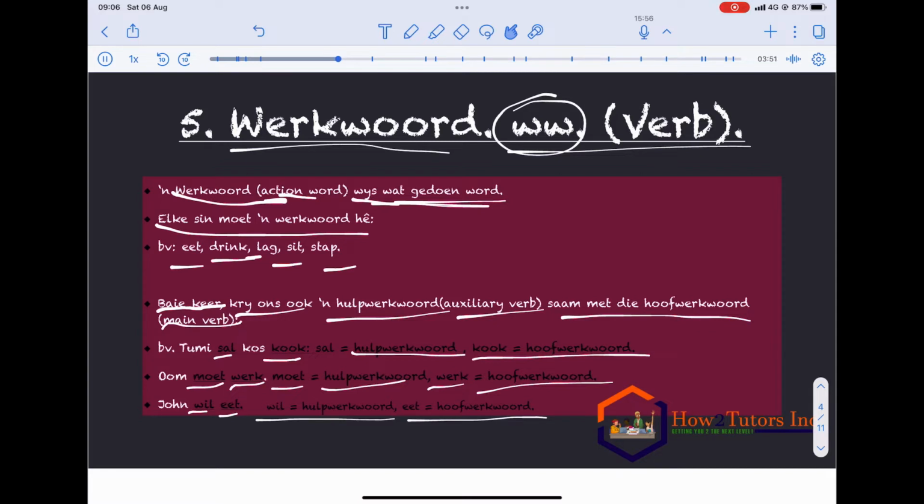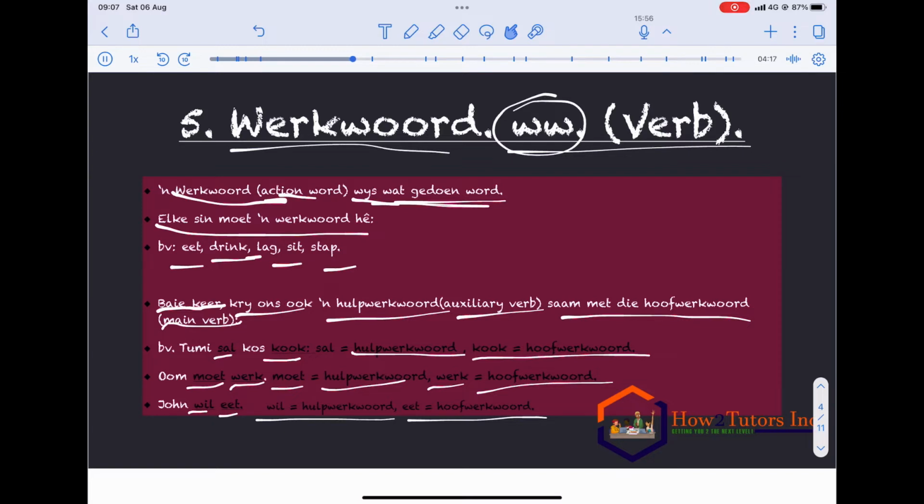Die volgende voorbeeld, the next example. Oom moet is ons eerste werkwoord, werk is ons tweede. So moet is your helpwerkwoord en dan werk is your second one, dis your hoofwerkwoord, your main verb. Die laaste voorbeeld, the last example. John wil eat. So wil is your helpwerkwoord and then eat is your hoofwerkwoord.